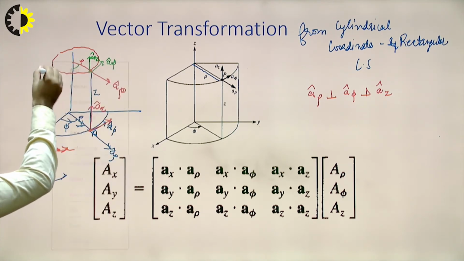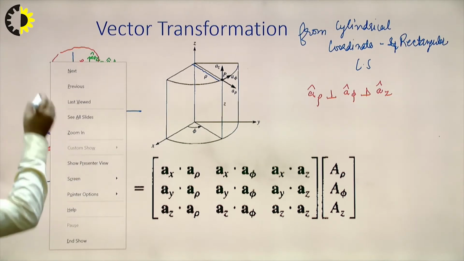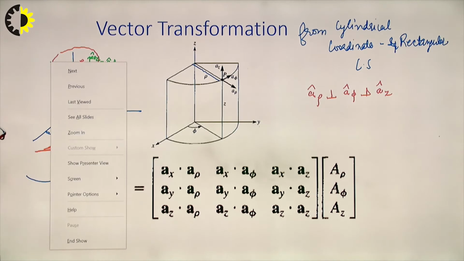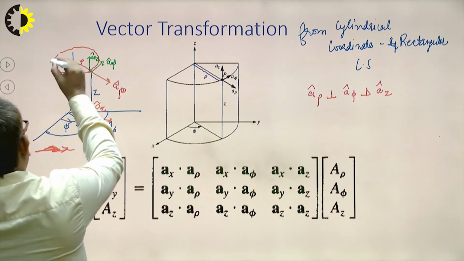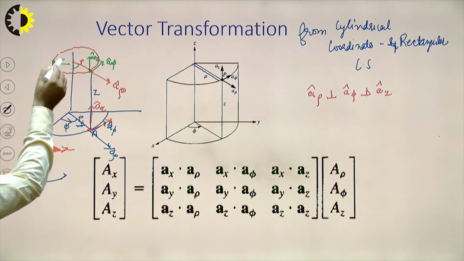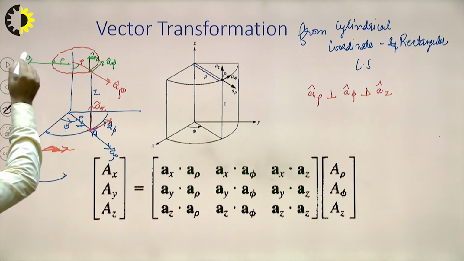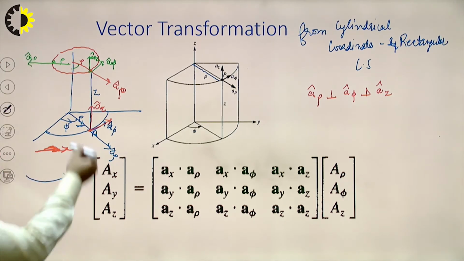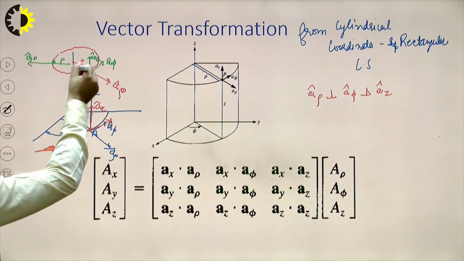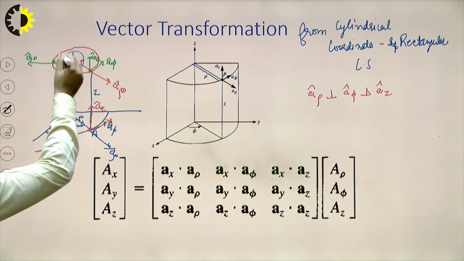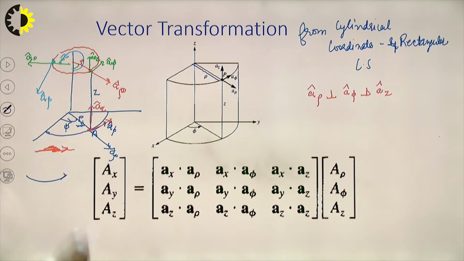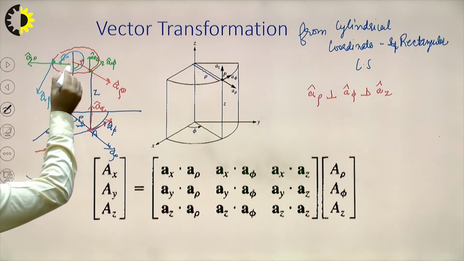Now if I want to calculate the direction of the unit vector at this point, now you will see here, this one is rho, so this one is the a cap rho, phi is moving in this direction, so at this direction a cap phi, and a cap z, z is in this direction.